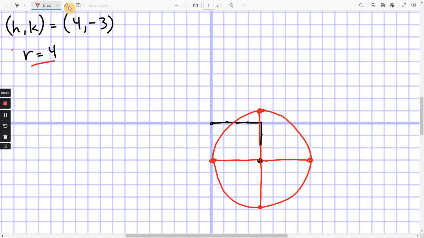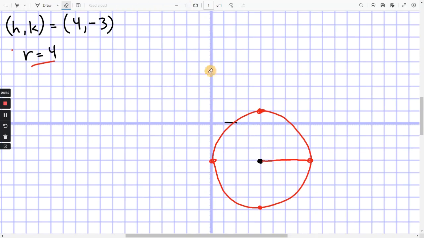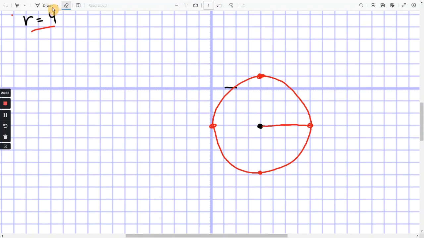And I'll erase the rest of it here. I'll leave in one radius. And that's basically it. The radius is 4, and the center was (4, -3).